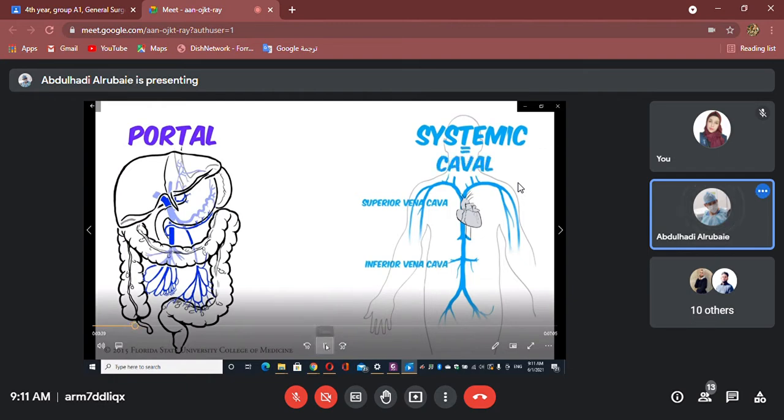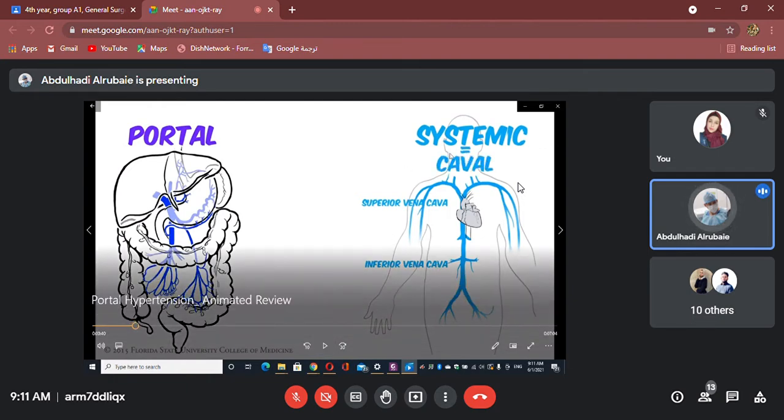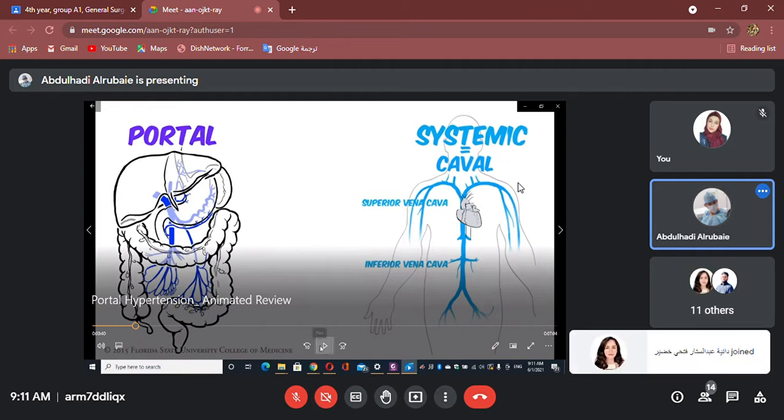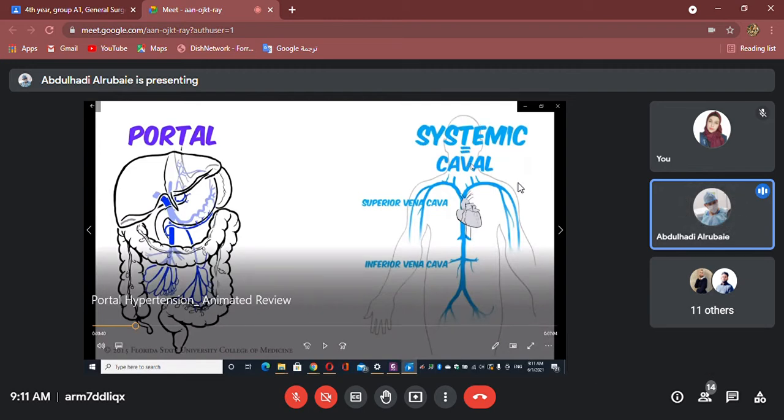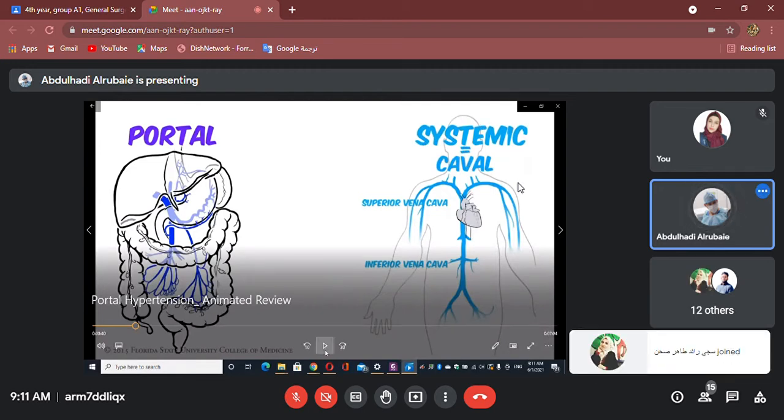So we either call this a systemic venous system or a caval system. The name comes from the superior vena cava and the inferior vena cava. So the portal, systemic, or caval system.